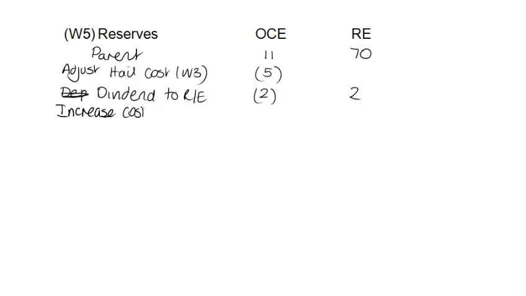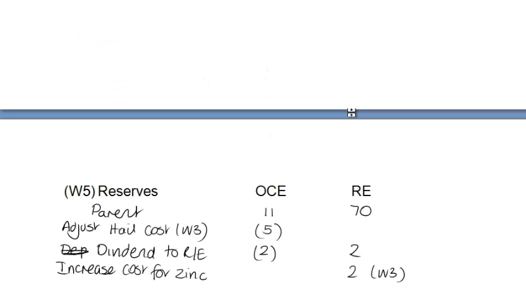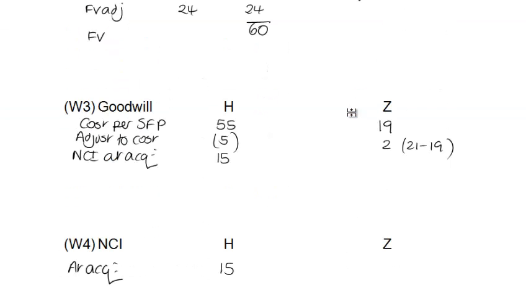Increase the cost for Zinc from working 3, it's to retained earnings, because Zinc is held at fair value through profit and loss. If you take a look, see what it says.